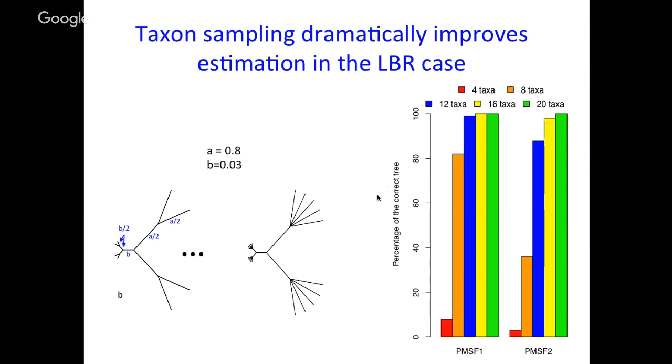The percentage of the correct tree with PMSF1 and PMSF2 actually goes from very low all the way up to 100% with 20 taxa. So improving taxonomic sampling drastically improves the ability to get the correct PMSF estimates and get the correct tree. So the long branch for Pell's problem goes away with taxon sampling.